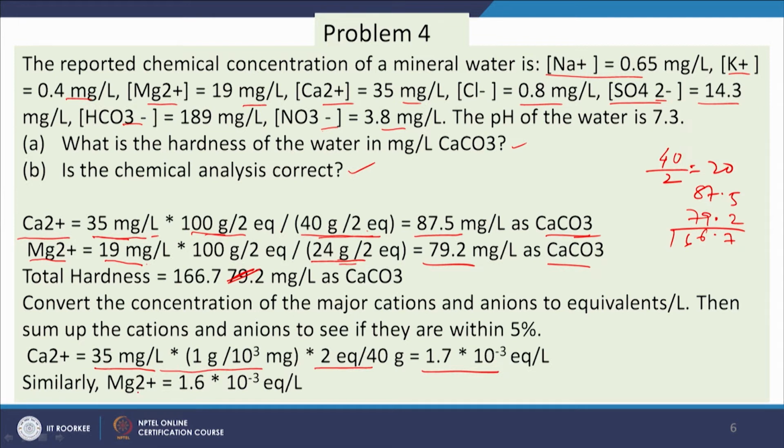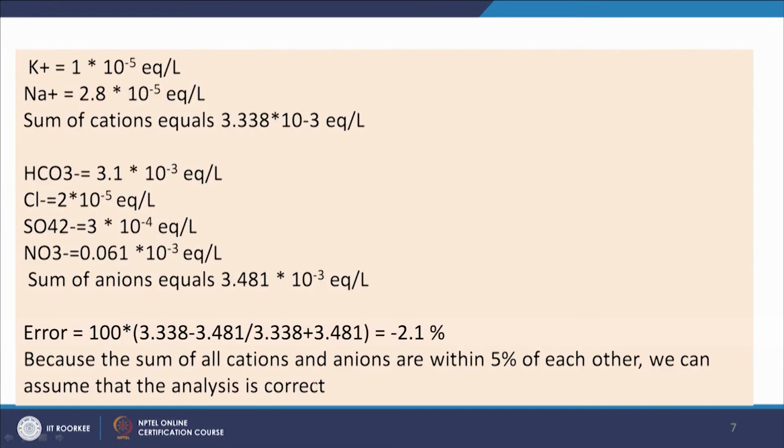Similarly, for magnesium 1.6 into 10 to the minus 3 equivalent per liter, and potassium is 1 into 10 to the minus 5 equivalent per liter, and Na plus is 2.8 into 10 to the minus 5 equivalent per liter. The sum of these 4 cations is 3.338 into 10 to the minus 3 equivalent per liter.